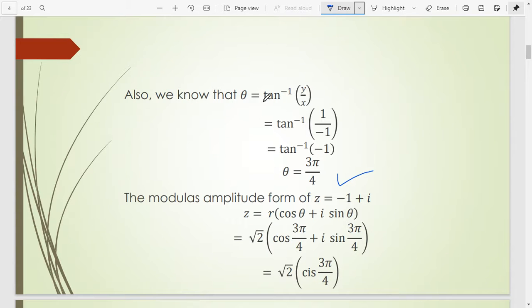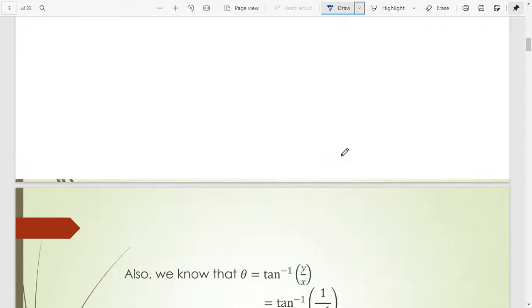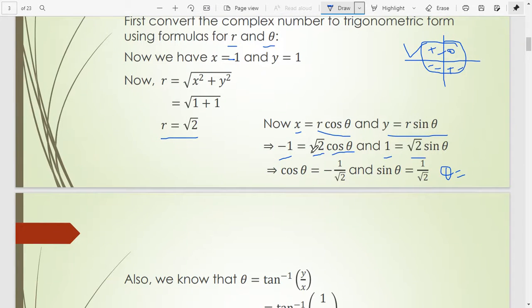We also know theta is equal to tan inverse y upon x, y is equal to 1 and x is equal to minus 1. So tan inverse minus 1. So theta is equal to 3 pi by 4. Or here we can directly find that cos theta negative, sin theta positive.